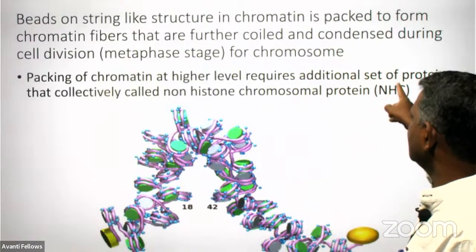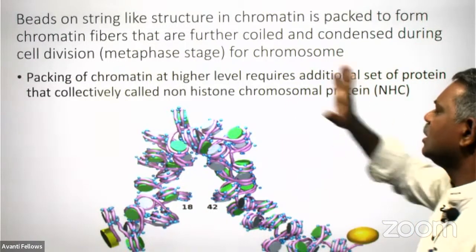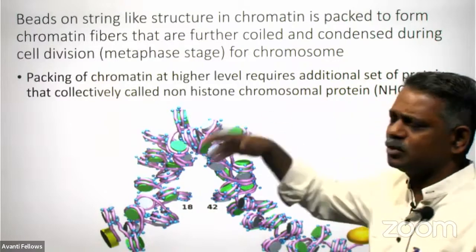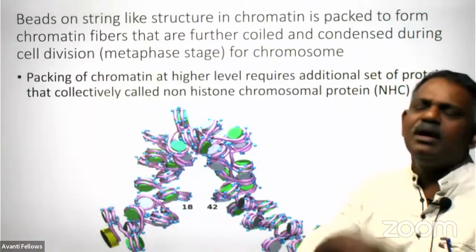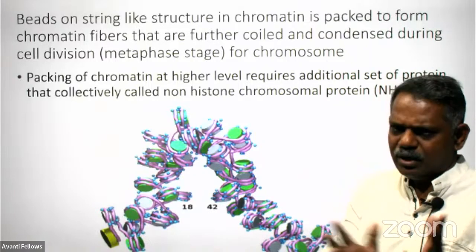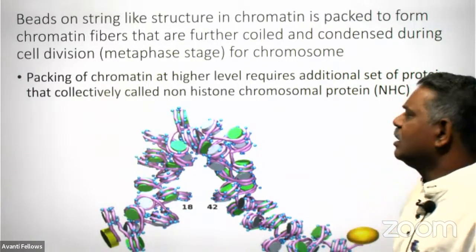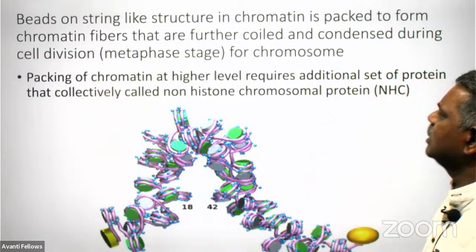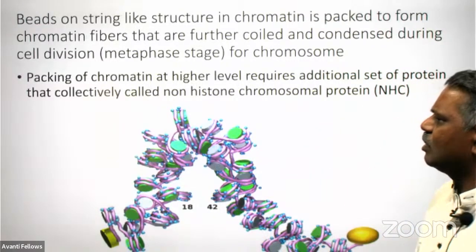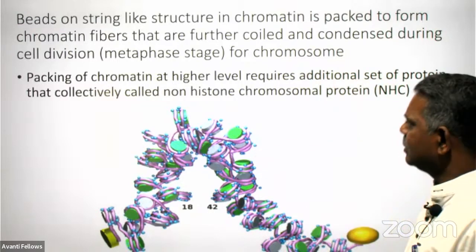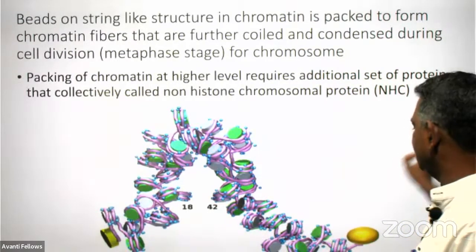Non-histone chromosomal protein is also there, but the amount is very less, and it is only for the supercoiling. Normal coiling uses only the histone protein to produce the octamer. You may have heard about histone, right? A histone protein, and then the non-histone protein. Its role is only in the supercoiling of the chromatin threads during cell division.